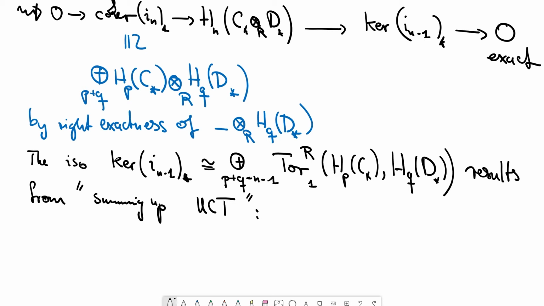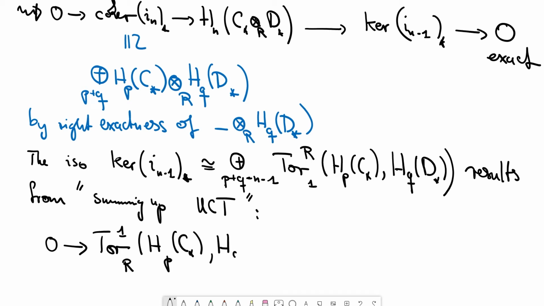So how do we apply the universal coefficient theorem? I claim we have a short exact sequence. Actually, no. I want to take this back with UCT.